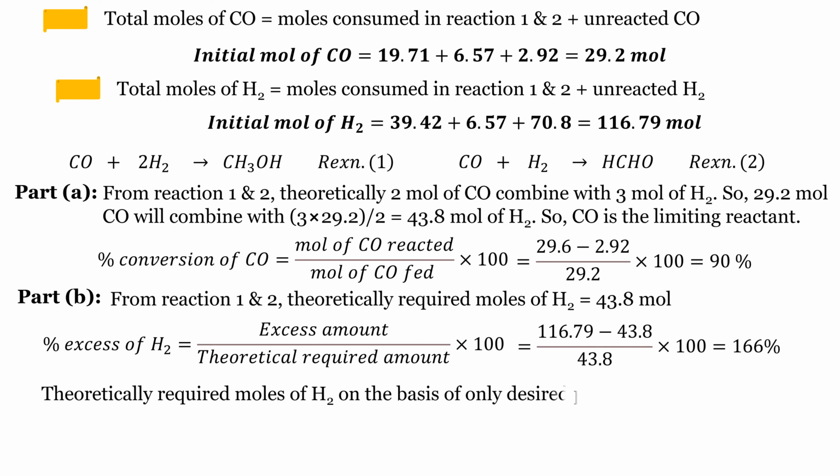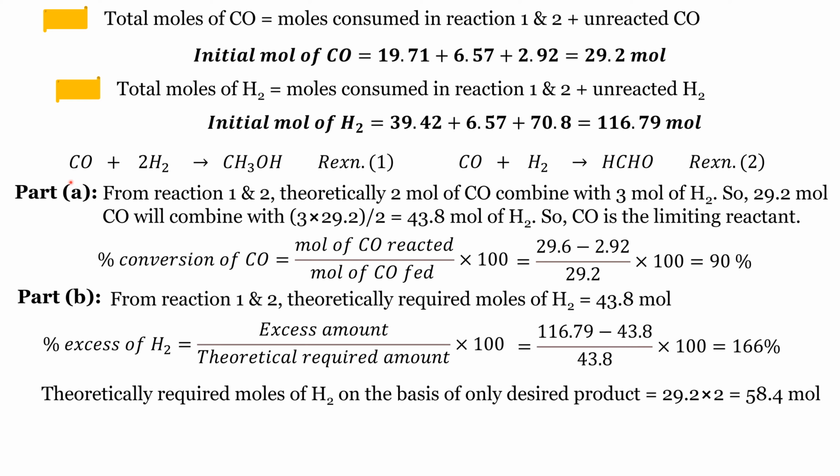Now we can also find out the excess percentage based on only the desired chemical reaction, that is reaction 1. So theoretically required moles of H2 will be 29.2 into 2, which will be equal to 58.4 moles. So this time we are considering only reaction 1.